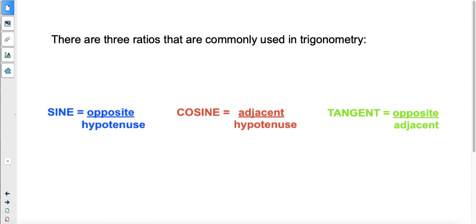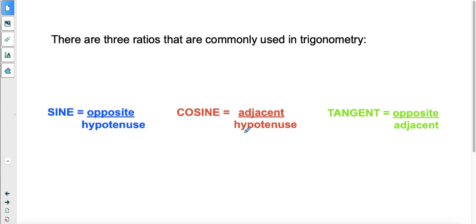And just as a review, there are 3 ratios that are commonly used in trigonometry. One of them is sine. Sine is equal to the opposite side divided by the hypotenuse. Another one is cosine, which is equal to adjacent divided by the hypotenuse.